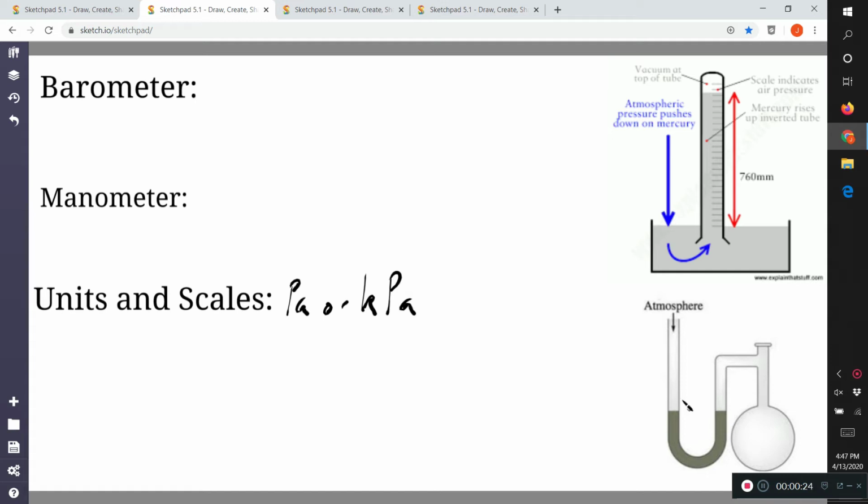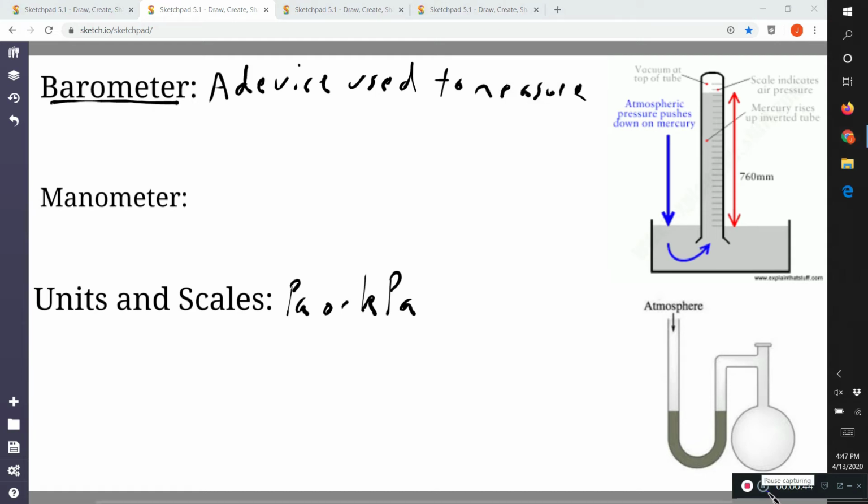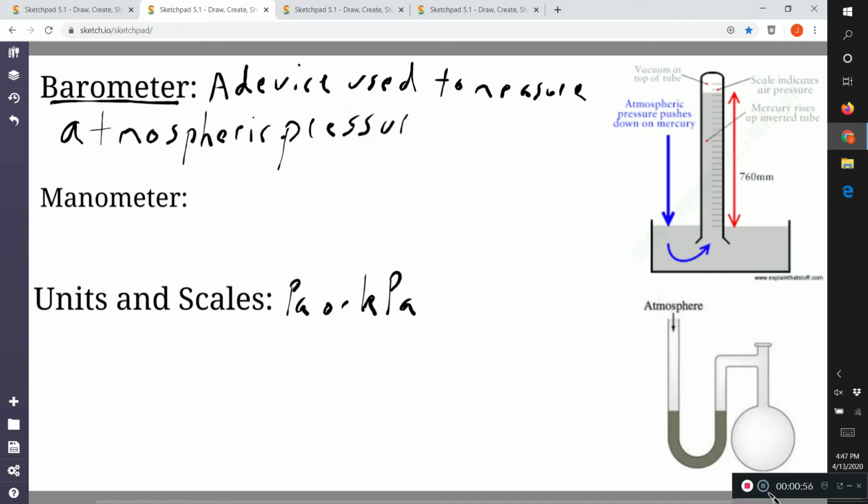There's also other methods. So one of the first methods was that used by a barometer. A barometer is a device used to measure atmospheric pressure. So that is the pressure of the gases in the air around us in our atmosphere.